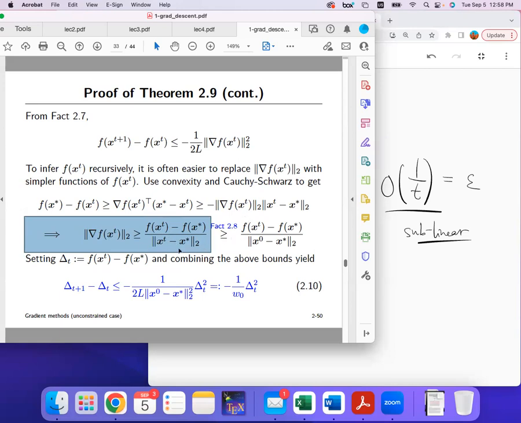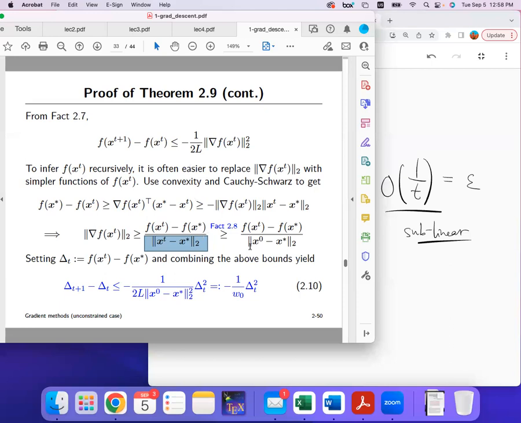And then in the denominator, because we have shown that the distance is decreasing for the gradient descent algorithm, which is the second result we just showed, we can replace that, because it is in the denominator, with a bigger number.